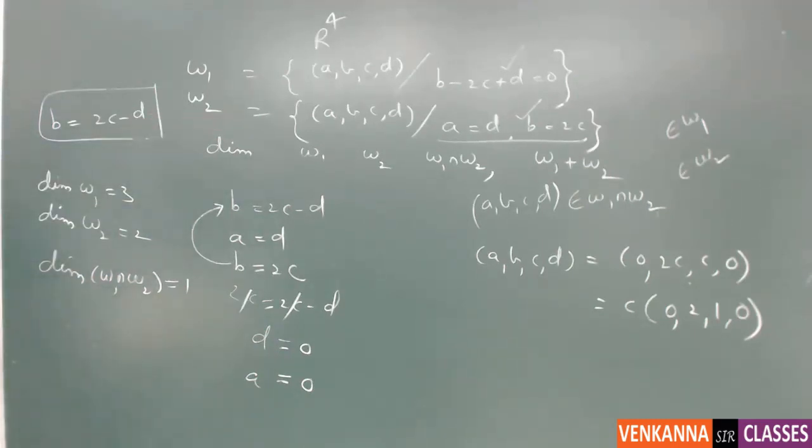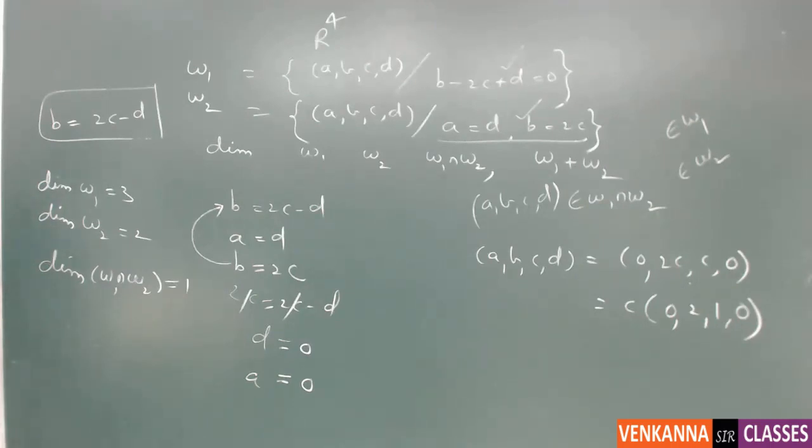For the last one, W1 plus W2, please understand, you don't know what the values in W1 plus W2 are and what conditions are satisfied by that set. So you have a straightforward formula for the dimension of W1 plus W2. Applying that, give me the dimension value of W1 plus W2. What is it? 4. So you have solved the problem.